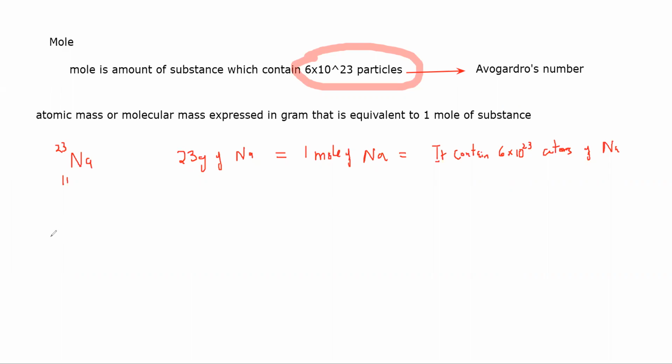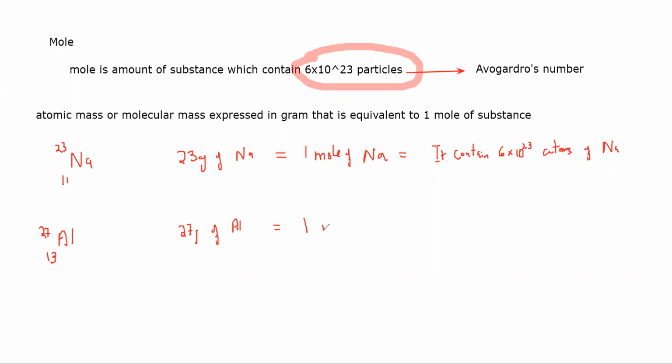Same way, like we have aluminium, which is 13 and 27. So what is the atomic mass of aluminium? The atomic mass of aluminium is 27. So when we have 27 grams of aluminium, it means how many moles are there?